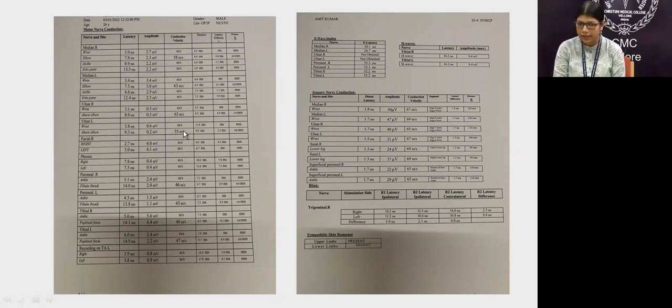So anything more than that is normal, and in lower limb we take at least 40 and above. So here we can see the conduction velocities are also normal. So here we see only there is axonopathy, only the CMAPs are reduced. So in this clinical setting, this is an acute motor axonal neuropathy, which is an AMAN variant of the GBS.